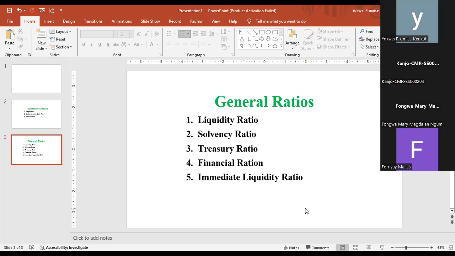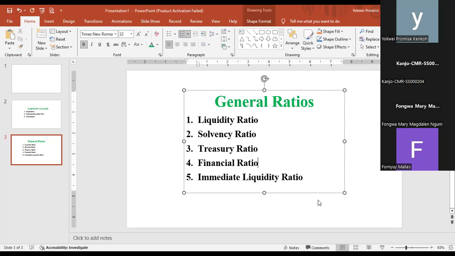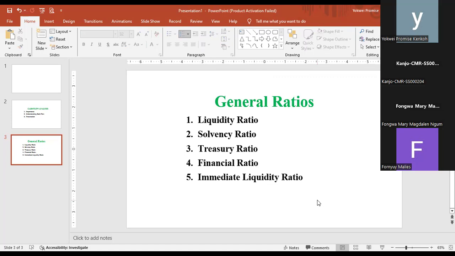Mighty. So the next one that we have is the financial ratio, or Sir, please, sir, please explain number 3 again. Treasury ratio. The treasury ratio is just the way through which we will use our current assets and the treasury assets in order to cover up the short-term liabilities.